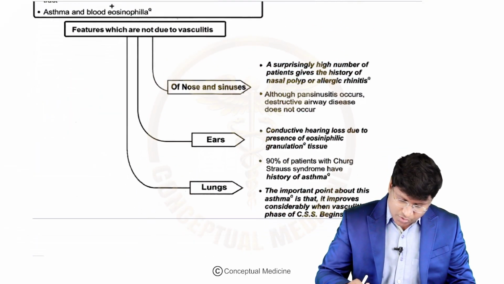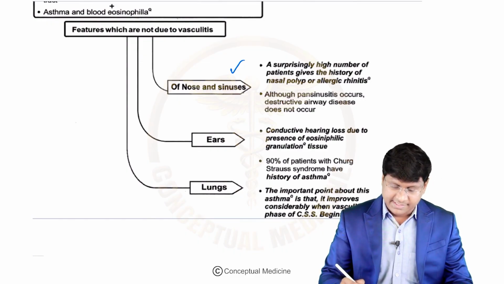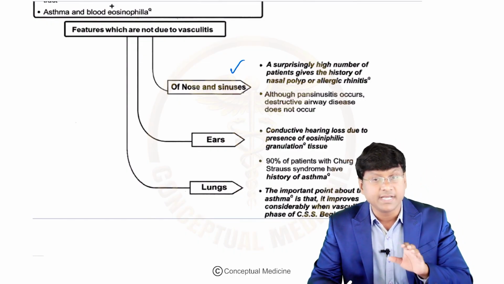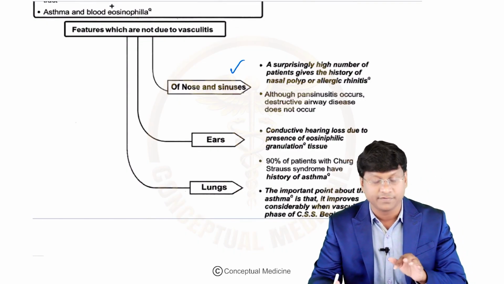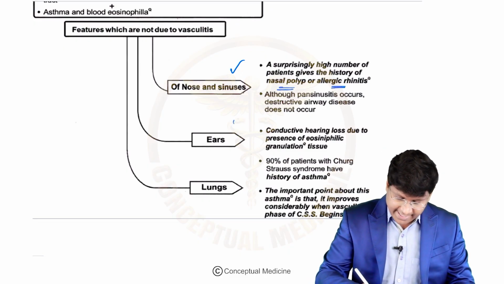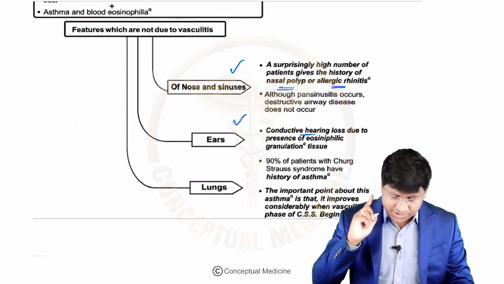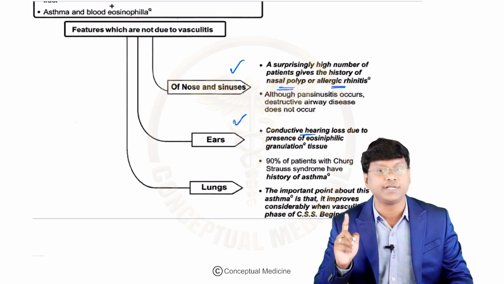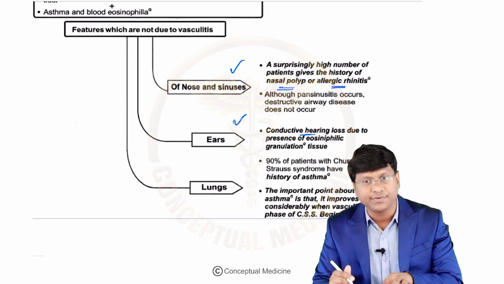And nose and paranasal sinuses: surprisingly, a high number of patients give a history of nasal polyps or allergic rhinitis. And manifestations in the ear include conductive hearing loss. Why is there conductive hearing loss?